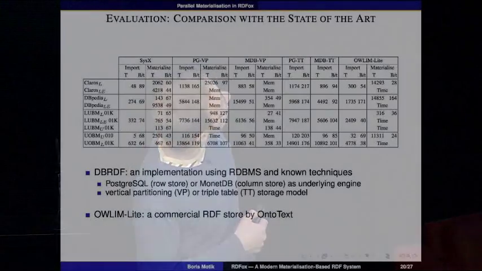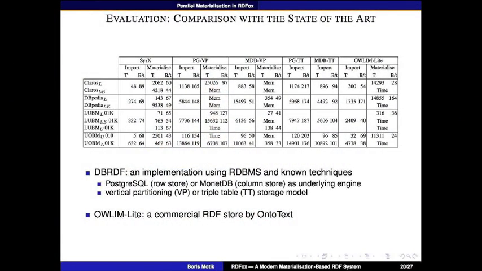We also compare this with the state of the art. Now, this was a bit difficult because in the state of the art, there is no other system of that form that works in main memory and targets multi-threading, so we couldn't just take whatever. So we decided to compare it with systems running on a RAM disk, which is not ideal, but the best that we could do, essentially.